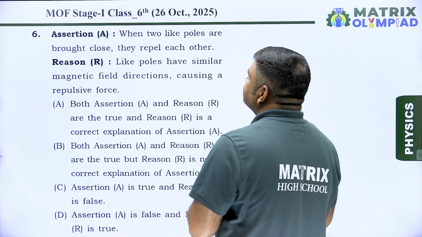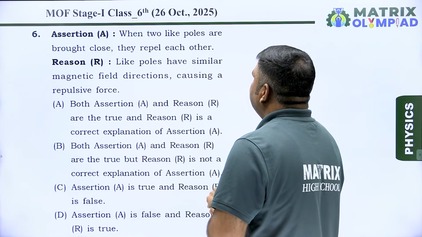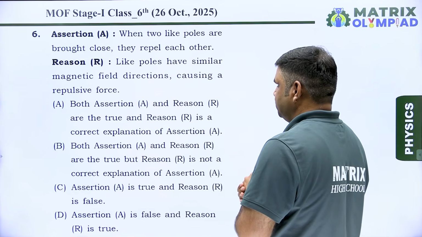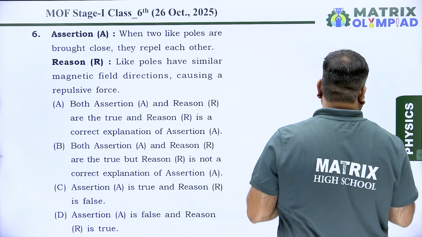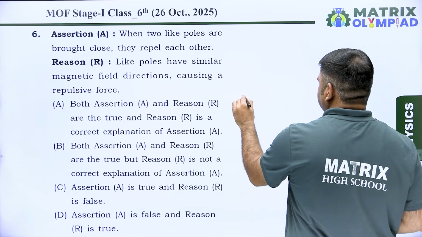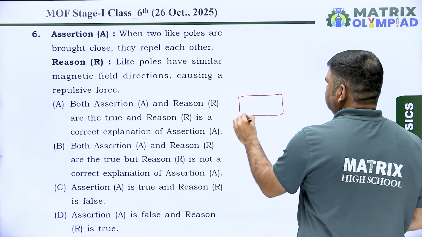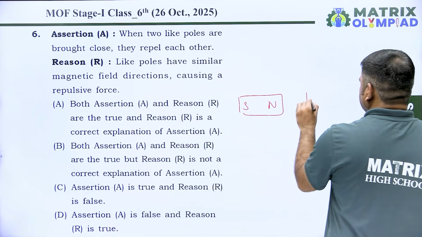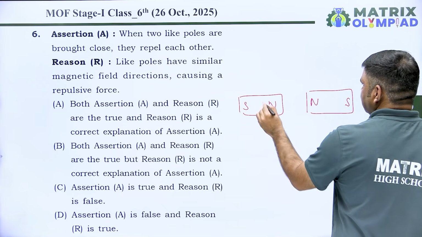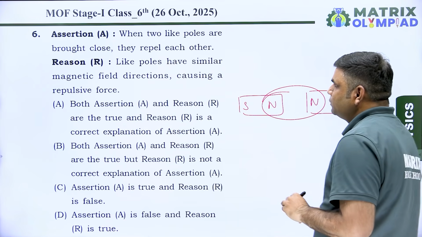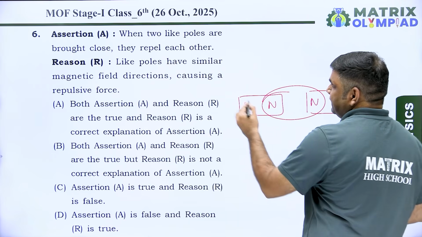The assertion says, when two like poles are brought close, they repel each other. What are two like poles? Suppose we have a magnet and the other one is like this, that is south pole is here and north pole is here. These are the two like poles. So we know that like poles repel each other.